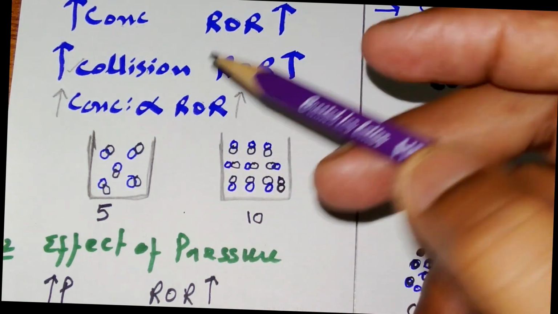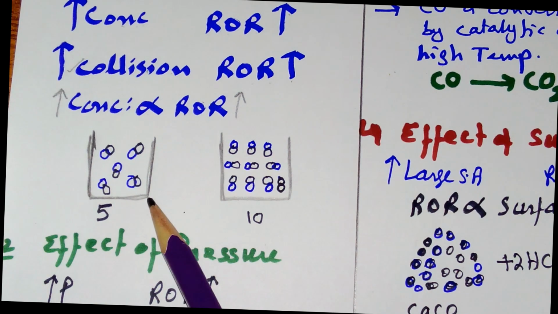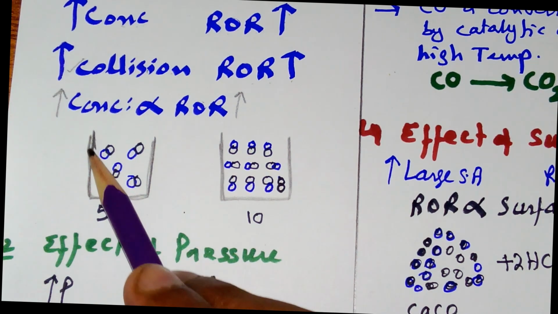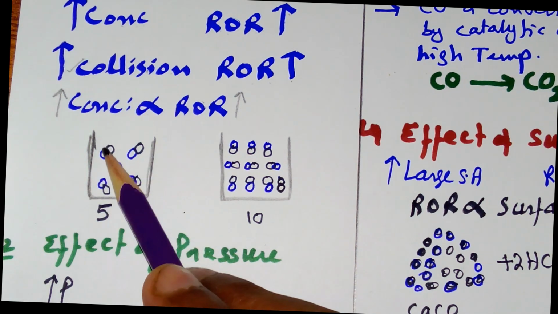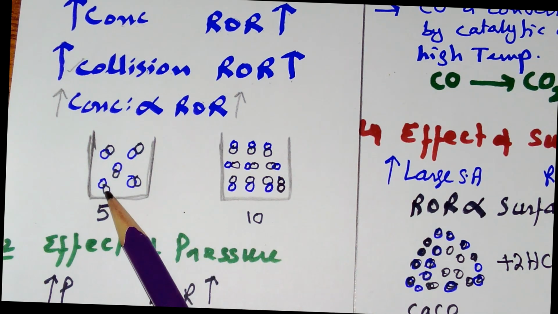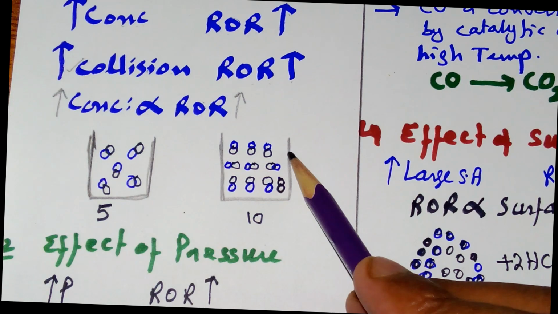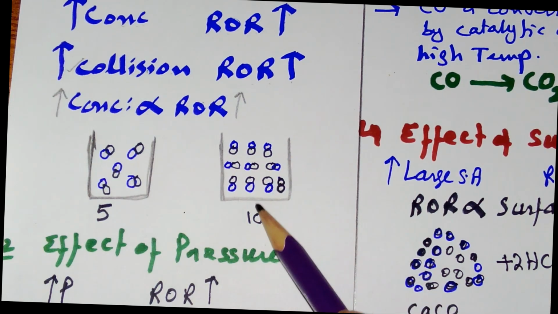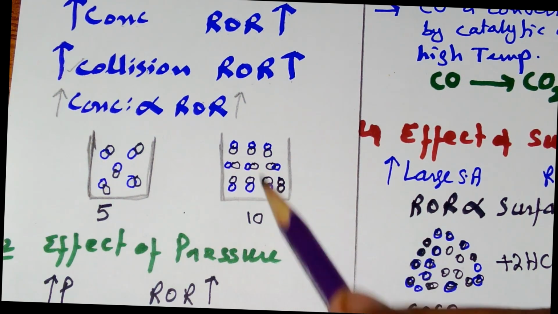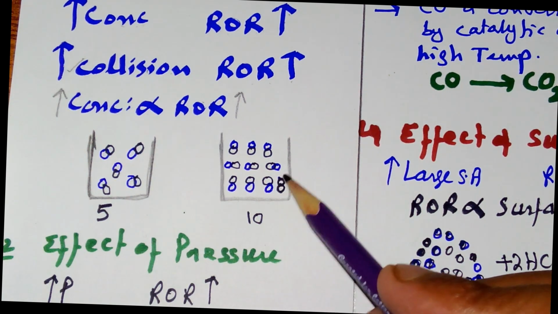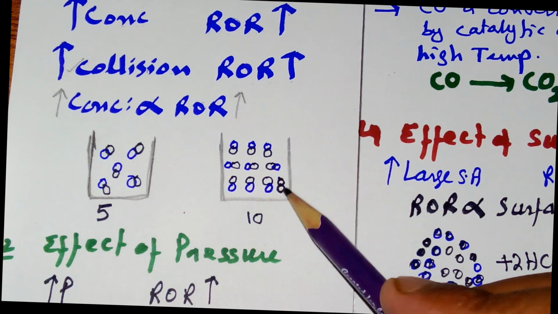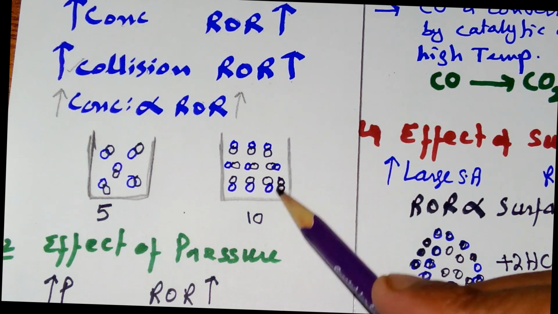Now let's take an example. You can see that we have this container. This container contains five molecules, 1, 2, 3, 4, 5 molecules. And another container contains 10 molecules. The container containing the larger number of molecules will definitely have more collisions.